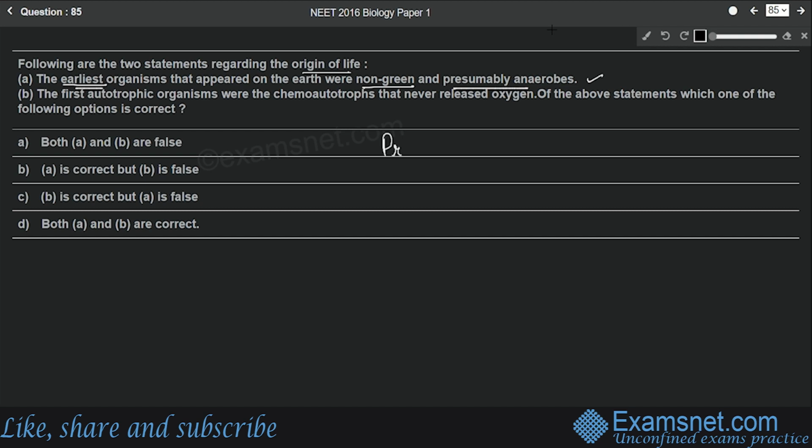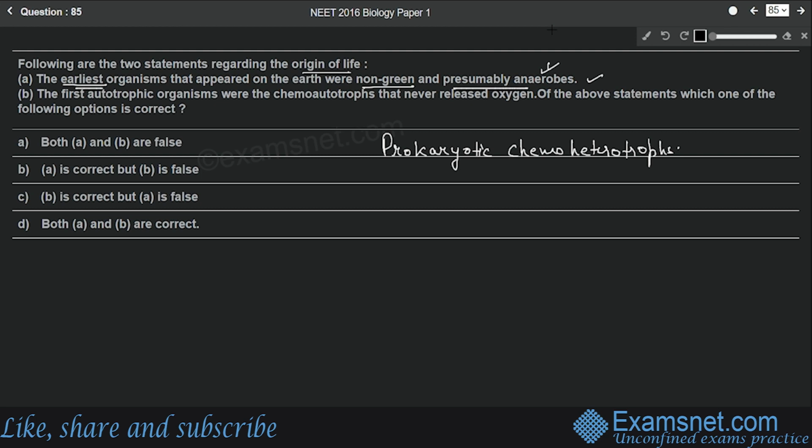They were prokaryotes, and more specifically they were prokaryotic chemoheterotrophs. That means they used chemicals as a source of food, right? And heterotrophs, that means they depended on other organisms for food.